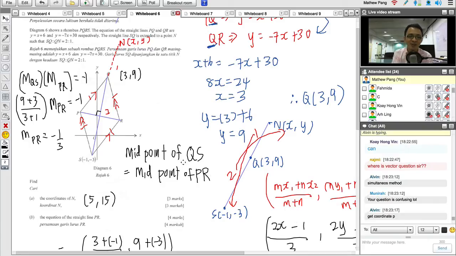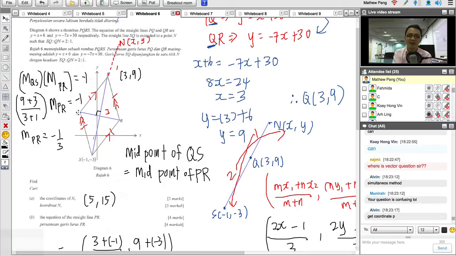Yeah, okay, you can use the simultaneous equation to find the midpoint. But then you do not have the equation for PR. So why do you need to use it to get the coordinate P? If you want to get the coordinate P, you can use the equations for PQ and PS, or PQ and PR.